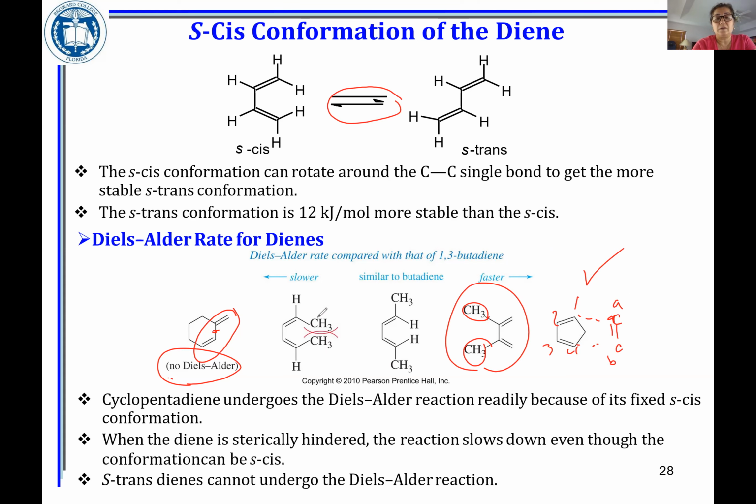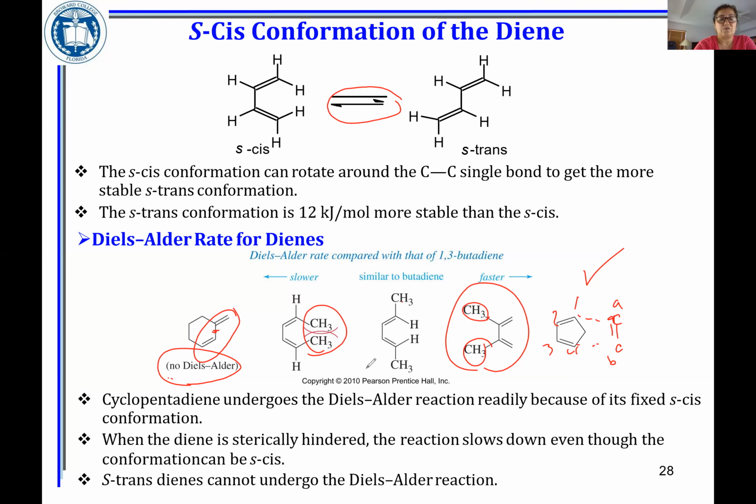So for the butadienes, an electron withdrawing group is going to help. At the same time, you don't want your electron withdrawing group to cause steric hindrance. If it's hindered like this, the reaction will still happen, but it's going to be harder, so it would just slow down.